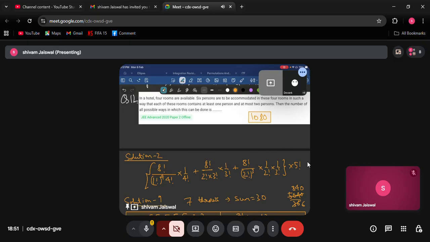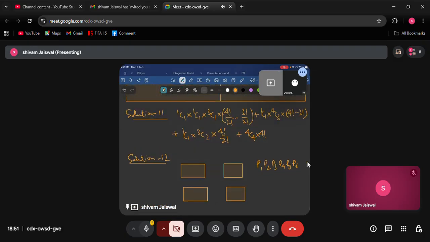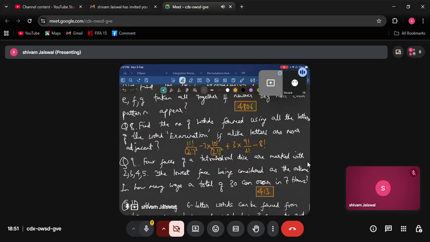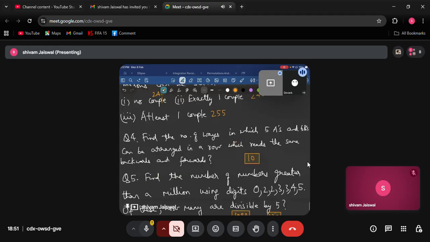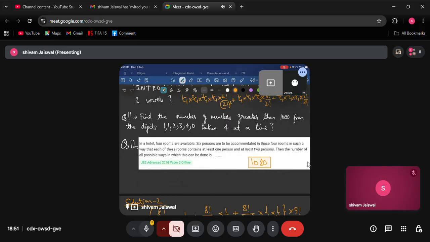Okay. So wait a minute. I think we can do it by inclusion exclusion. Let me see. What is written? At least 1 and at most 2. What is the total number of ways in which 6 persons can be accommodated?